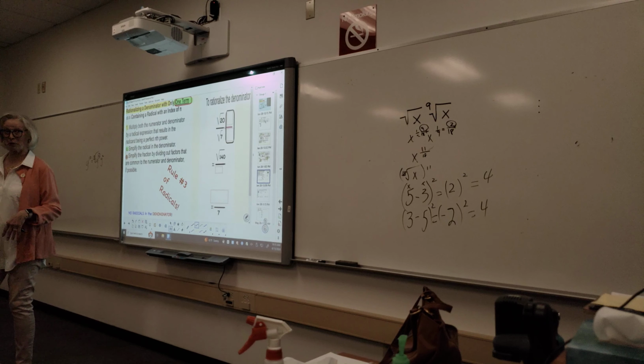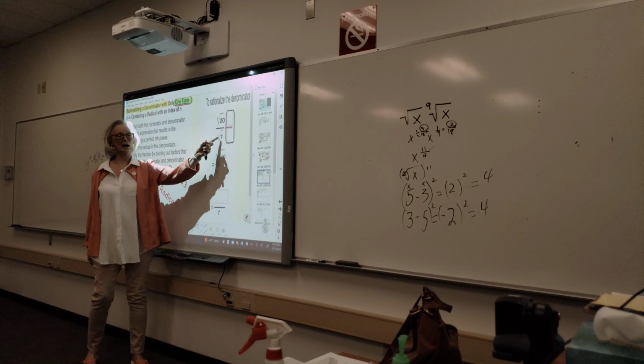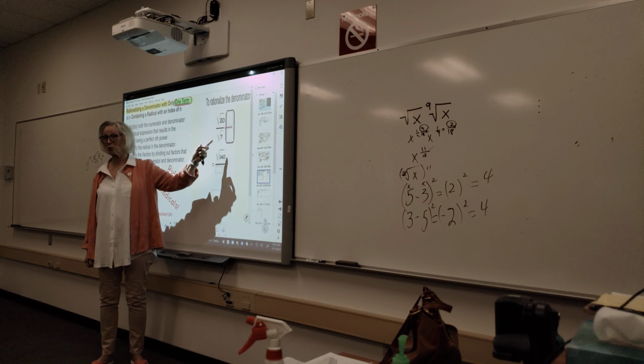Isn't it weird how I remember these rules, but I just do something in your everyday life to try to help you remember. So, I look up here, I see radical 20, and I go, oh, that's got some problems. It has rule number 1 in there, 4 times 5. So I know I gotta clean that puppy up. But I look down below and I say, oh, for my homework last night, this number that was in the radical house was always a perfect square on your homework.